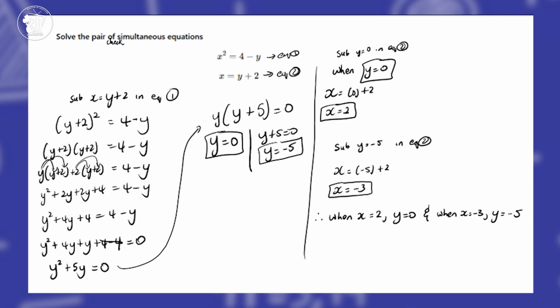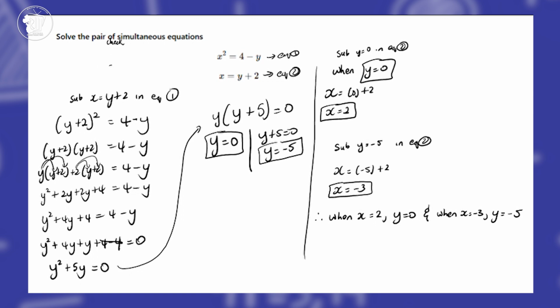But let's not take any chances. Let's use these other two now. We have x squared is equal to 4 minus y, so instead of x, we'll have negative 3 squared is equal to 4 minus negative 5. Negative 3 squared would be 9, equal to 4 minus negative 5, which becomes 4 plus 5, which is 9. That checks out.